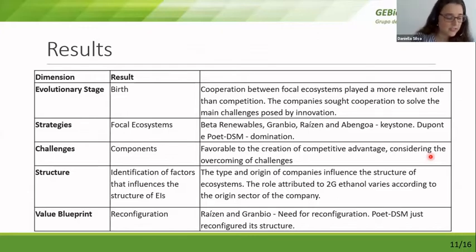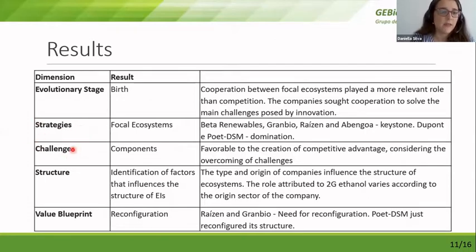I said earlier that we chose 5 key dimensions of analysis. These dimensions are evolutionary stage. We can have 4 evolutionary stages: birth, expansion, leadership, and renewal or death of the ecosystem. We have different kinds of innovation ecosystem strategies.